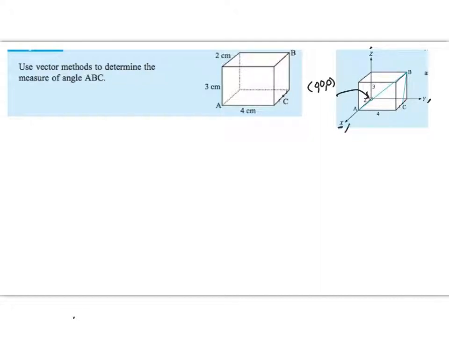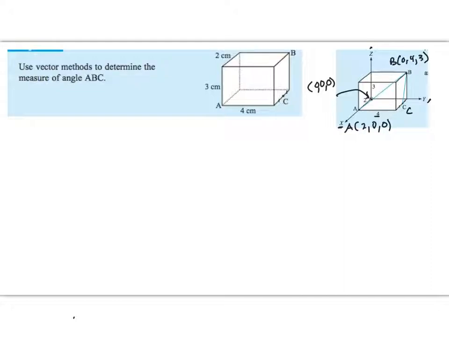I also need to find point A, not a vector, but a point. If I look at this, I move forward 2 because that's the side length here, none horizontally and none vertically. So that is point A. Point B, up here, I've not moved forwards or backwards, so the X component is 0, but I've moved 4 units horizontally, so that's the Y component, and I've also moved up 3 units because that is the height of the box.